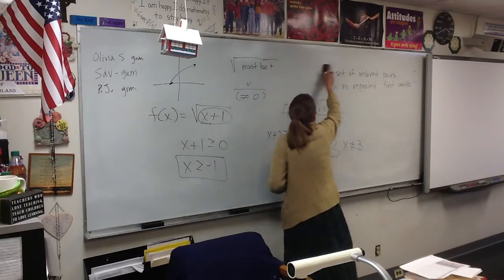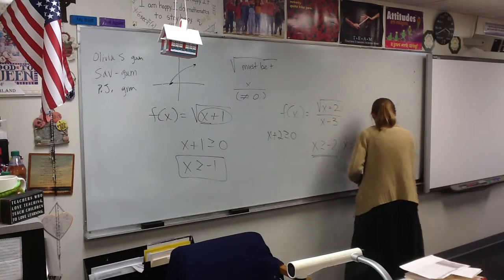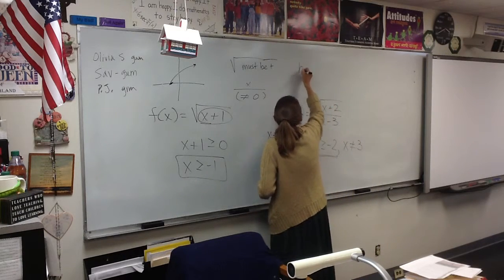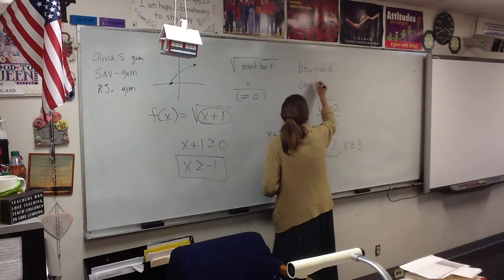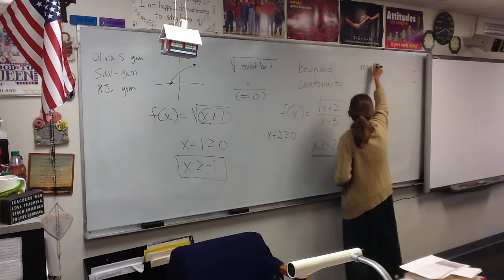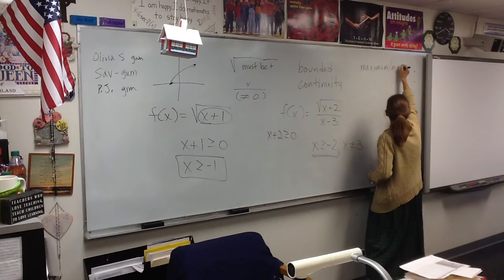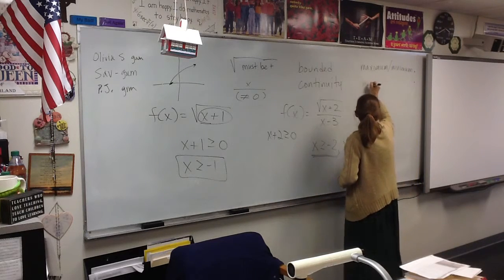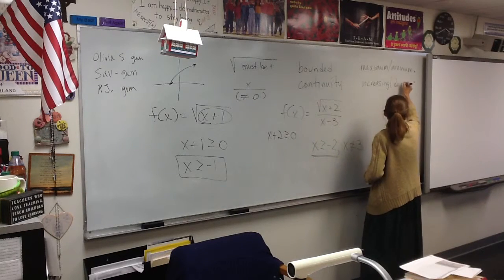Now, one of the words we talk about a lot is domain. Another word that we talk about a lot is bounded, which we've kind of already discussed, and continuity, and maximum, minimum, and increasing, decreasing. This is all function vocabulary.